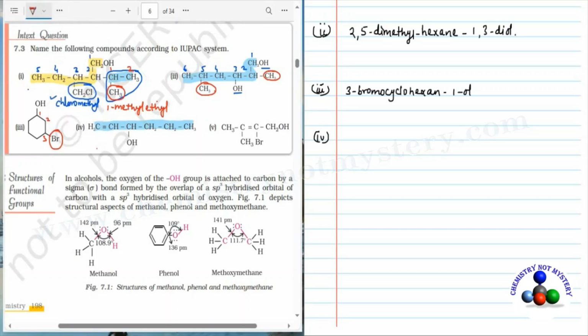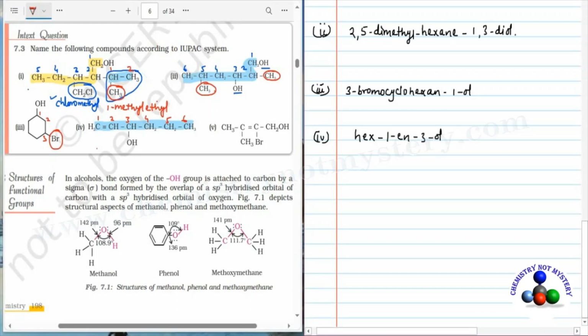Now number the chain. 1, 2, 3, 4, 5 and 6. As it is 6 carbon long, the parent will be hex. So here we will write hex. Double bond starts from first carbon. So here we will write 1 ene. And OH is bonded to third carbon. So here we will write 3 ol.